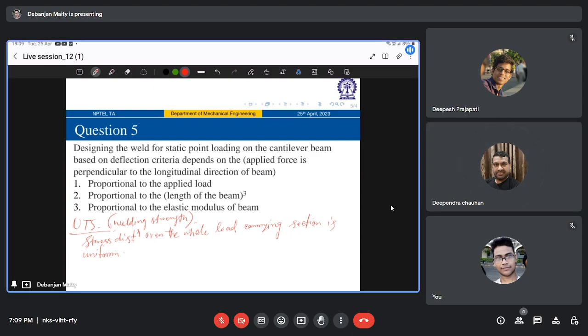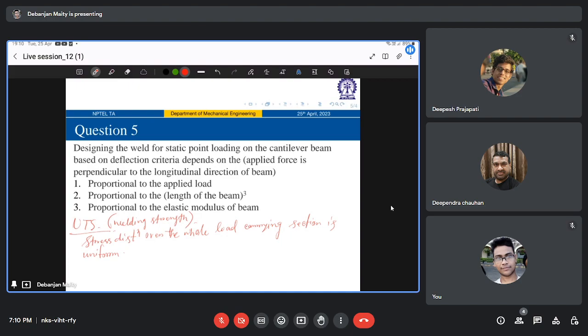We will basically take those things into consideration which are required for designing the weld when the weld is subjected to static loading, as I am mentioning again and again. In that case, if we talk about weld design, we normally go for the strength of the weld and the rigidity of the weld also, right?